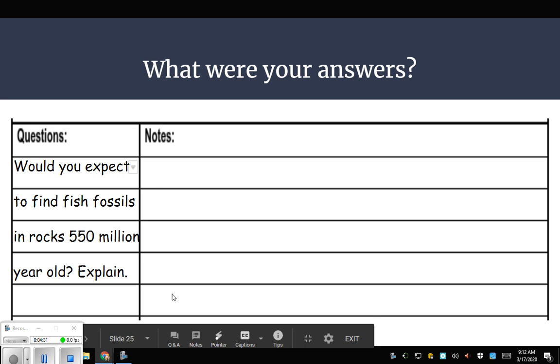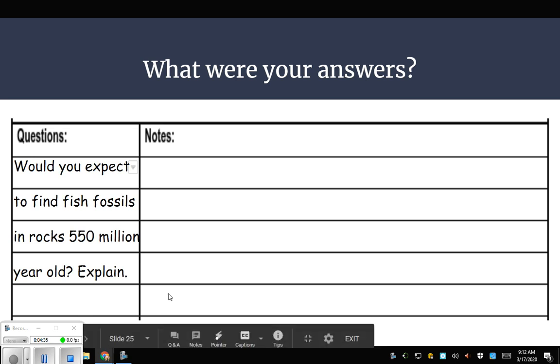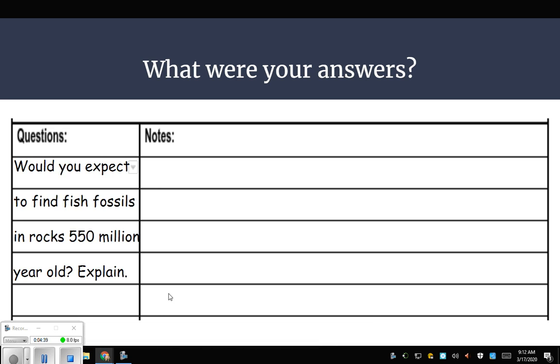So one of the things I want to talk about briefly is paleontologists. Paleontologist is a main idea, and it's something you should probably have written down. Who and what is a paleontologist? They're scientists who study fossils. They find patterns that demonstrate the principle of superposition, that they are consistent.